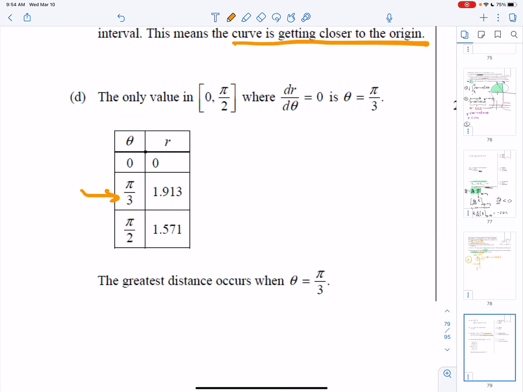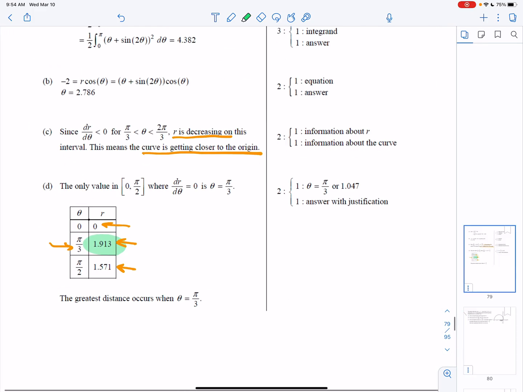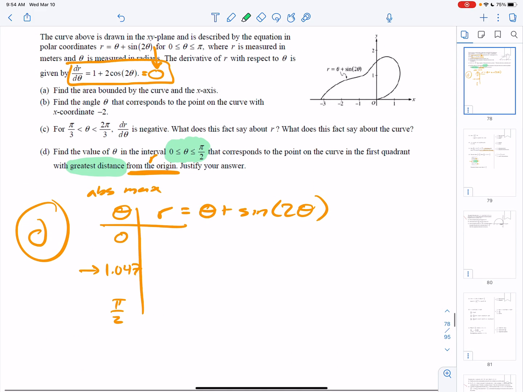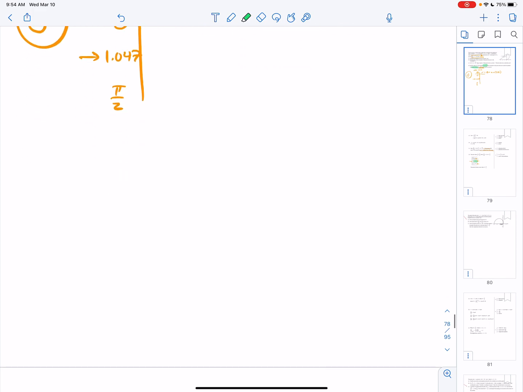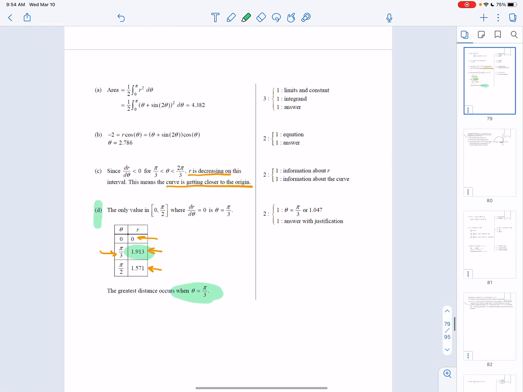Basically you get these 3 values here. The one with the greatest distance is obviously this one here. They ask you specifically not what the greatest distance is, but to find the value of theta at which it occurs. So it occurs at pi over 3. Okay, that one definitely is the outlier there. Parts A, B, and C are a little bit more common. But there you have it.